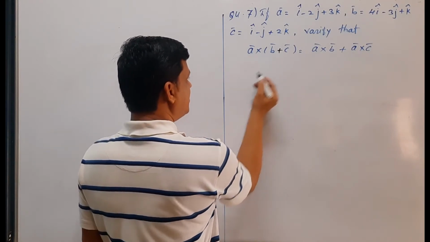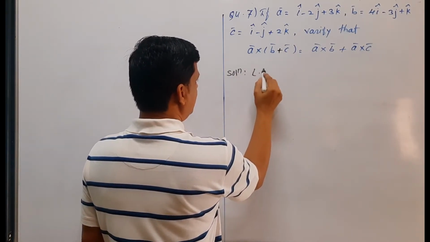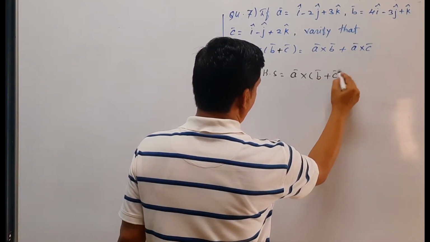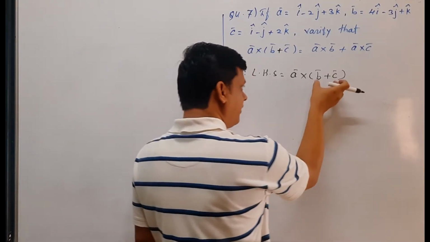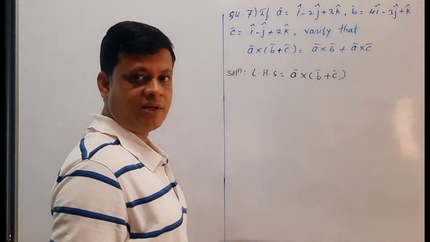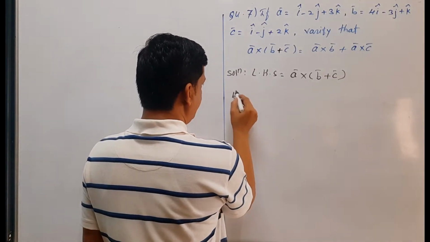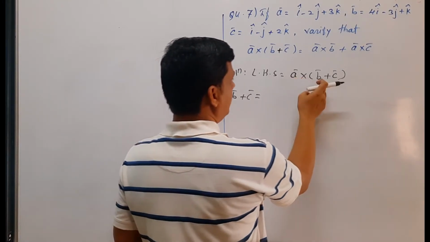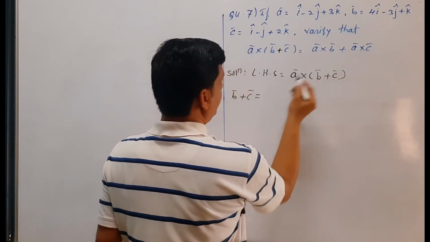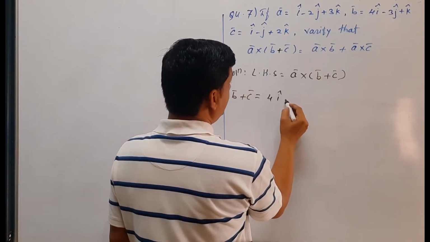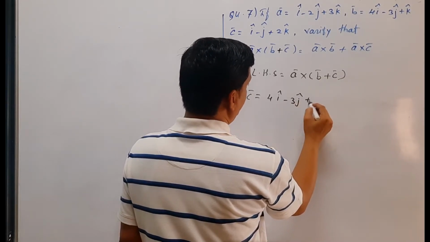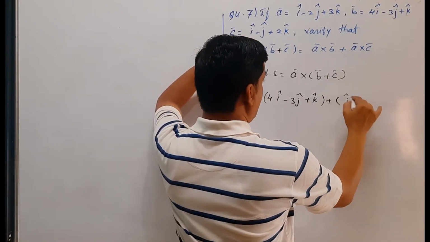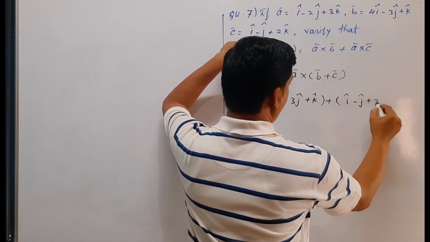So first we find the LHS. So write in solution LHS is equal to A bar cross B bar plus C bar. So we have to find the value of vector B plus C. So first we find here B bar plus C bar equals, now add vector B with vector C. Now see here, vector B is 4i minus 3j plus k, plus vector C is i minus j plus 2k.